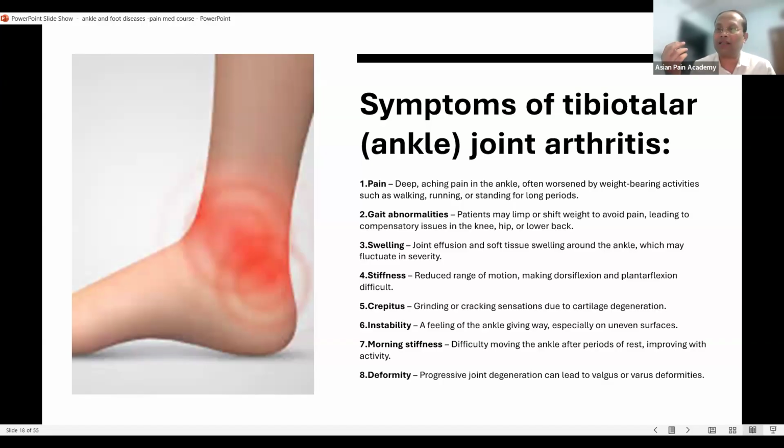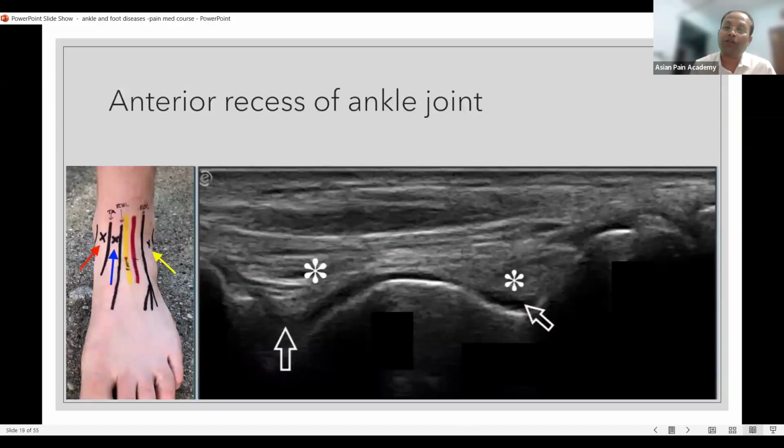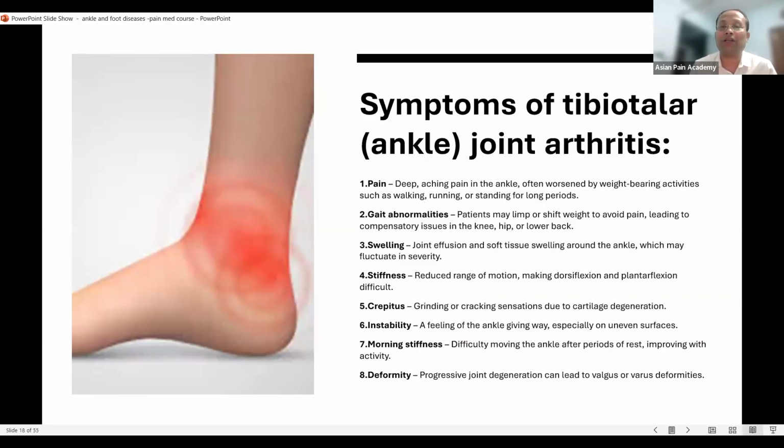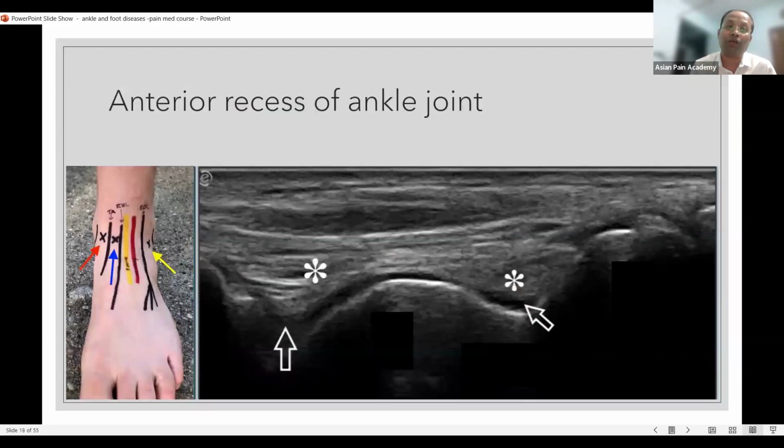First arthritis starts, and after a few days degeneration of the joint occurs and crackling can start. Then instability, a feeling of the ankle giving way, then deformity. All these things can happen in ankle joint arthritis. Of course, these are not specific to ankle arthritis; in any type of arthritis you can get these symptoms.